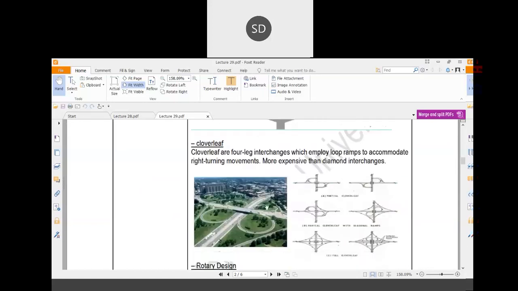And this particular portion is called a clover leaf. This is a four-leg intersection, and here there would be no crossing or weaving conflict point. All these crossing and weaving conflict points are transferred to merging or diverging conflict points.